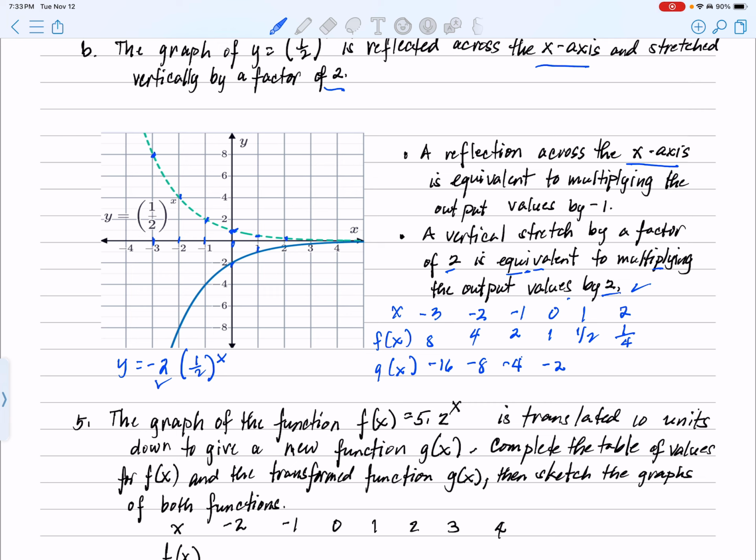And then 1/4 times -2, that is -2 over 4, which can reduce to -1/2.